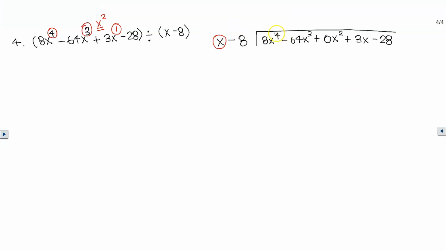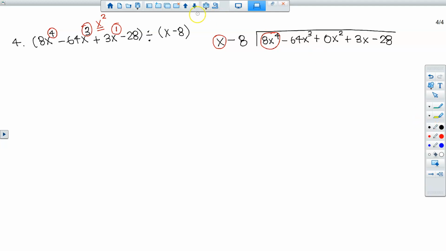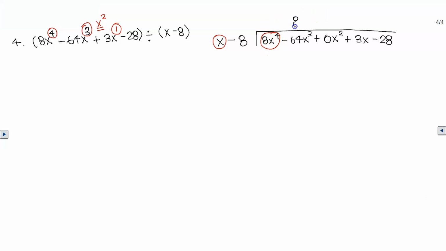So how many times will x go into 8x to the fourth? So again, in other words, what would I have to multiply times this x to get it to become this 8x to the fourth? And the answer is I would have to multiply by 8x to the third.